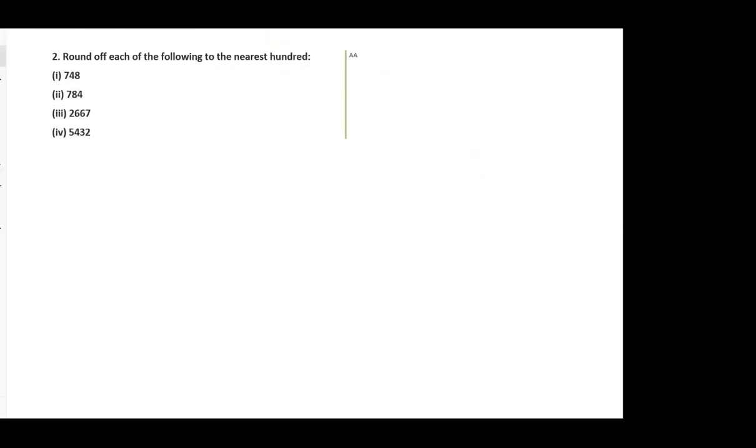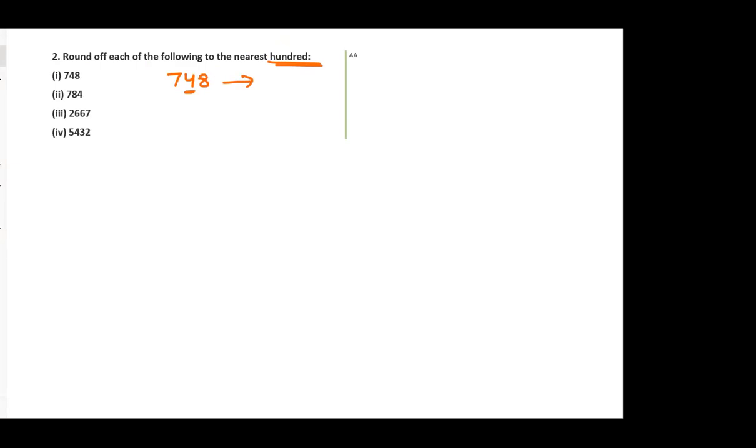Round off each of the following to the nearest 100. So 748. We have to round off to the nearest 100. So if we want to round off to the nearest 100, we have to underline the number which is at the 10th place.